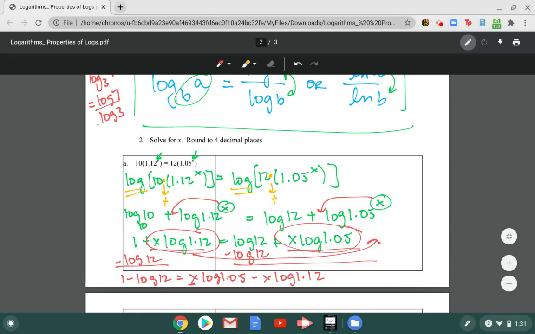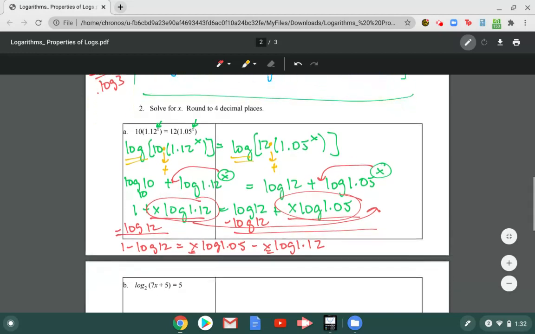My x is here. I need to isolate the x, so I'm going to factor it out in front, and I'm going to write it actually just down below here. So I'm just going to factor that out in front. So this is still 1 minus log 12 equals, factor the x out in front. So that's going to be log 1.05 minus log 1.12.